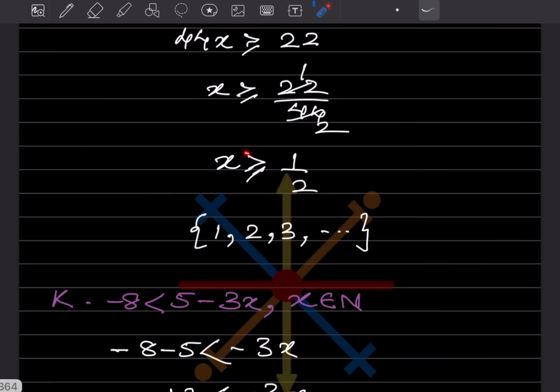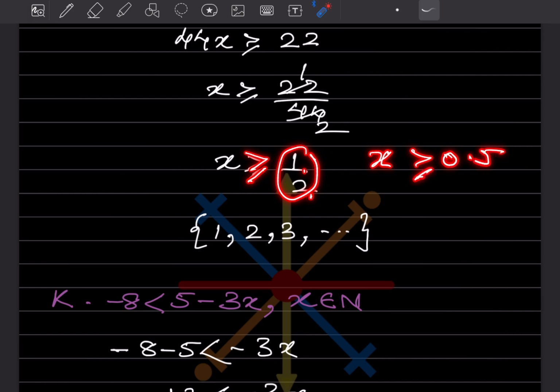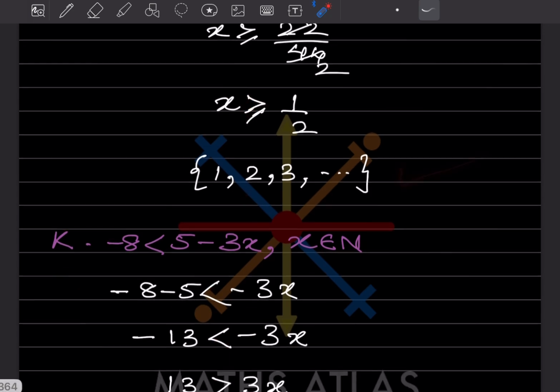Here it is given greater than or equal to 1 by 2, so that will be 0.5, greater than or equal to 0.5. Now, because this is a positive one, 0.5 is going to be 1. So it is going to be greater than, which means 1 should be there and then 2, 3 and so on because it is greater than. So this is the solution set.